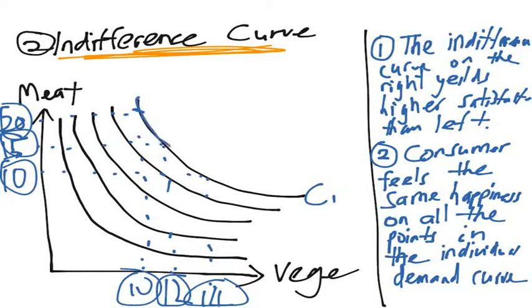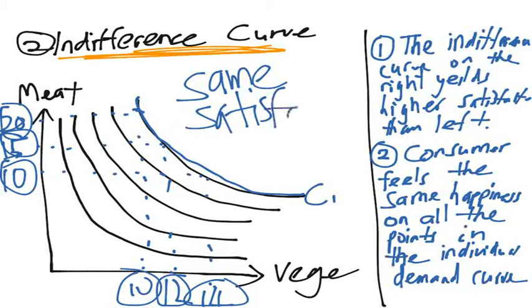All of these combinations lie on this curve. What this means is each of these combinations gives the consumer the same satisfaction. Understand?